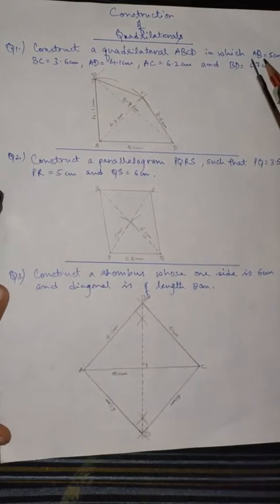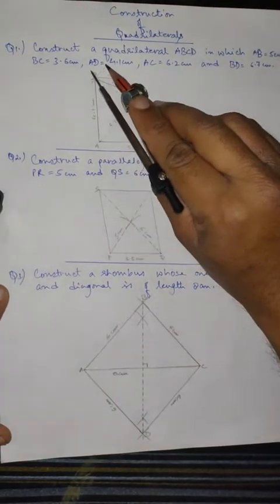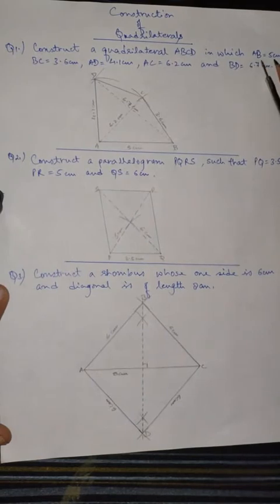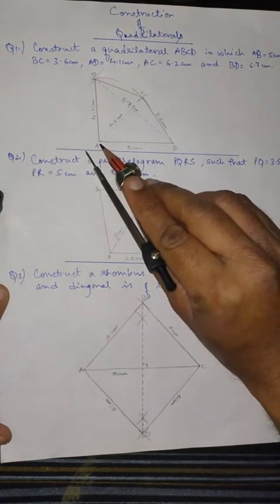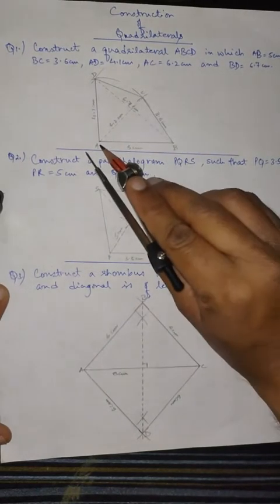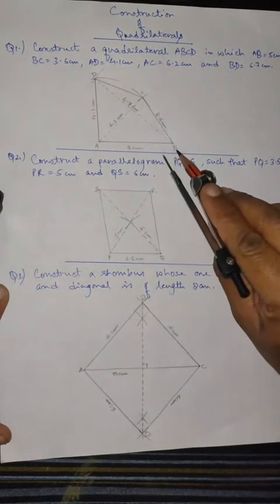Out of the three sides, AB, BC and AD, I have taken the side AB as 5 cm and drawn it with the help of a ruler and a pencil, as you can see over here.